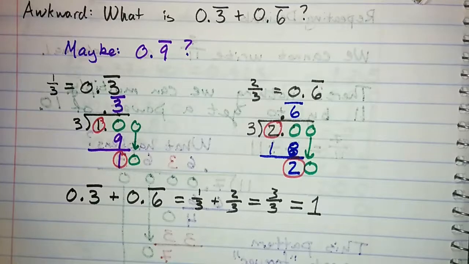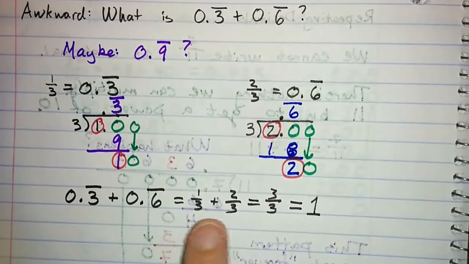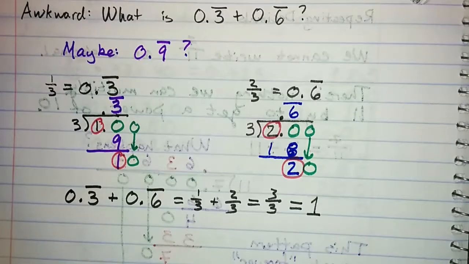But you wouldn't immediately see that by looking at this notation. It's only clear when we're looking at the fractions. So it's for this reason, as much as anything, that we will prefer to do arithmetic with fractions and only write repeating decimals when necessary.